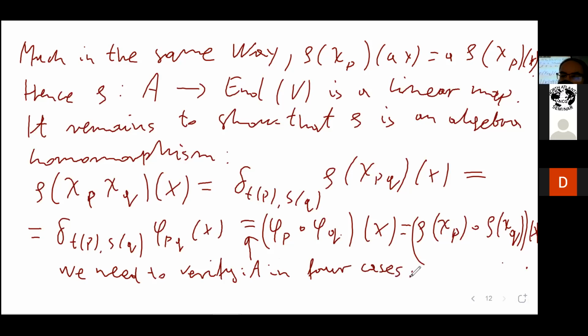So P, Q belong to the arrow ideal. P is a vertex, Q belongs to the arrow ideal.